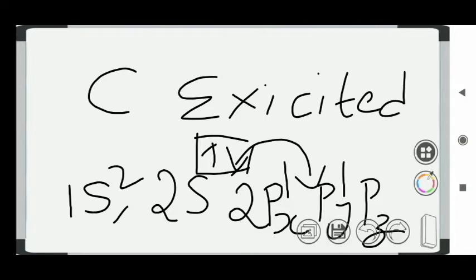Imagine it is present at 2px1 and 2py1 positions. Now the electron at the 2s subshell is going to shift towards the z. This is the excited state configuration of a carbon atom. Okay, so this has been given by Hund's rule. Electrons occupy separate orbitals rather than pair up in a 2p.